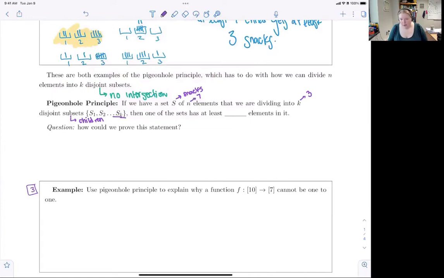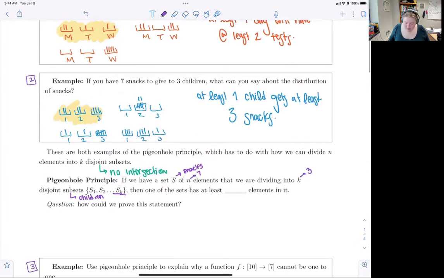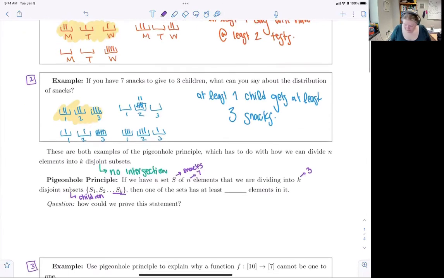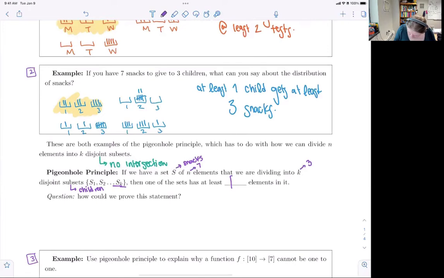Not necessarily super important, but what we can guarantee is that one of the sets has at least how many elements in it? Well, it looks a little bit odd, right? Because I have 4 and 3 and I got 2, and I had 7 and 3 and I got 3. So what we're really looking for here is N over K with these little funny bars next to it.